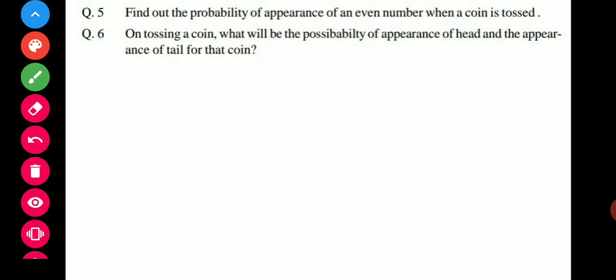Now come to the fifth question. This is your fifth question. Find out the probability of appearance of an even number when a coin is tossed.